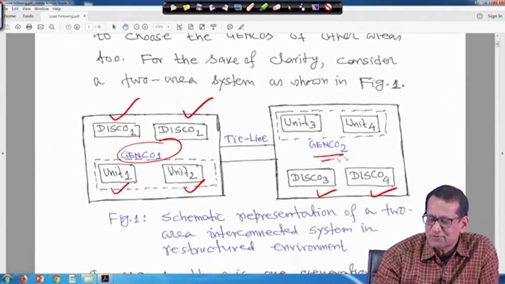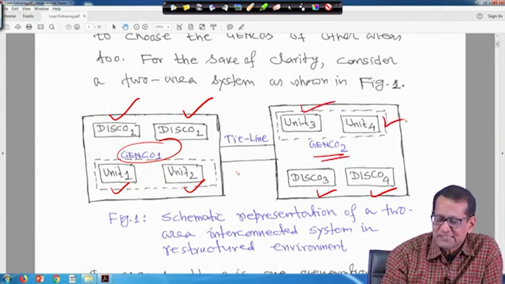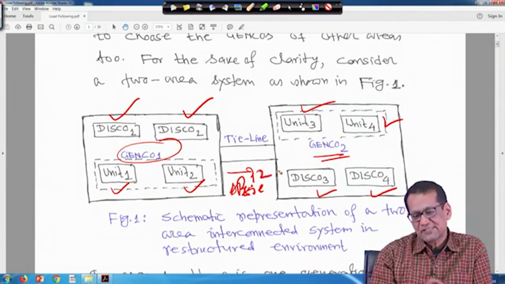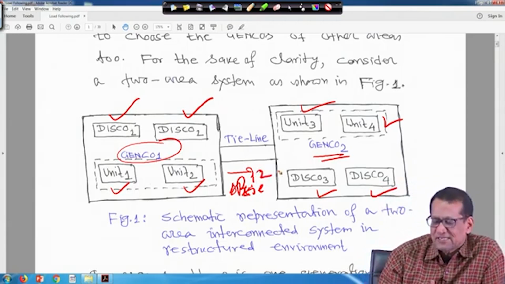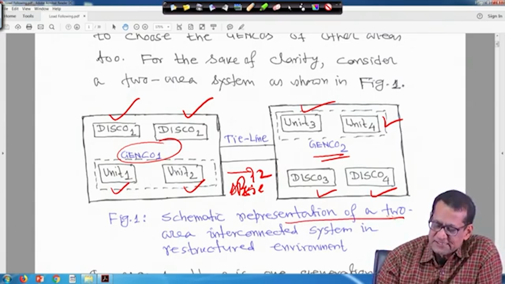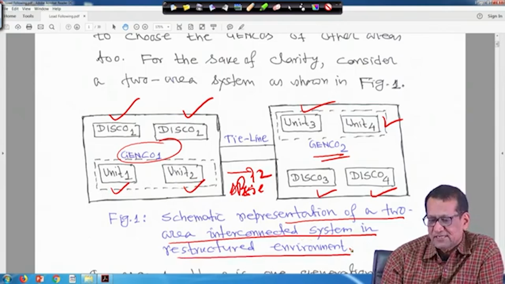Similarly, GENCO 2 has unit 3 and unit 4, and this is the scheduled tie line power flow, delta P tie 1 2. Same as before, only mathematically or block diagram wise slightly changed. So, this is the schematic representation of a two area interconnected system in restructured environment.